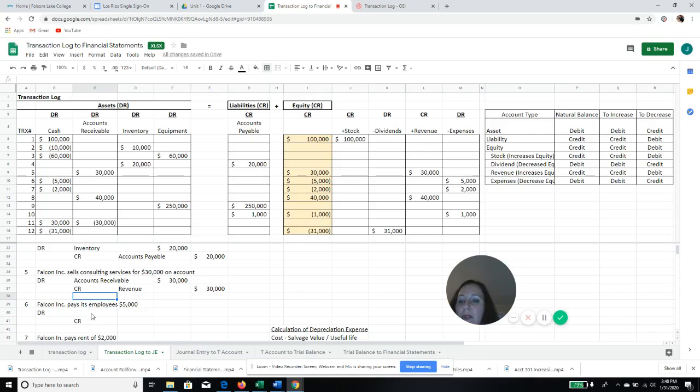We paid our employees $5,000. We decreased cash, and we decrease cash with a credit. So I'm going to put that one down here on the credit side. We also increased our expenses. We increase expense with a debit, so I'm going to put in here payroll expense. If you just put expense for now, that's totally fine as well.